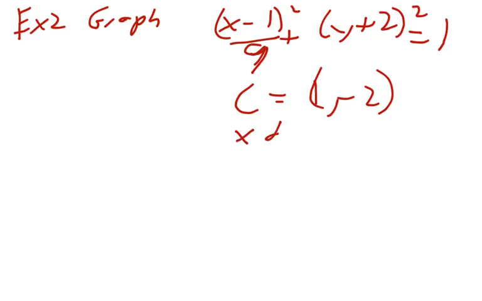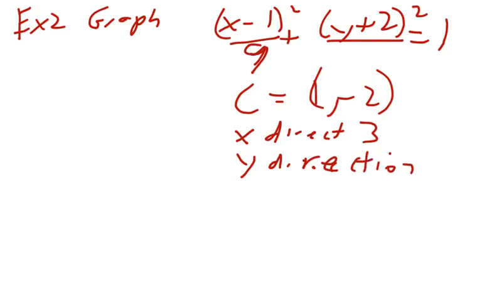In the x direction, we are going to go 3. In the y direction, since we don't have anything under there, we're going to pretend like this is a 1. So the square root of 1 is 1. The square root of 9 was 3. That's how we can tell which way we're going to move in the x and y direction.